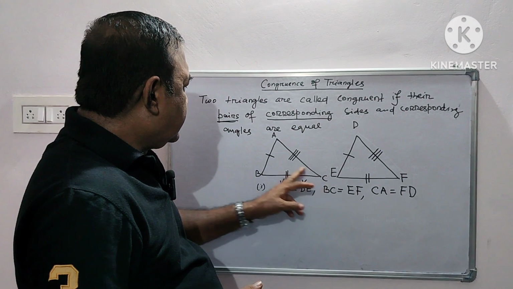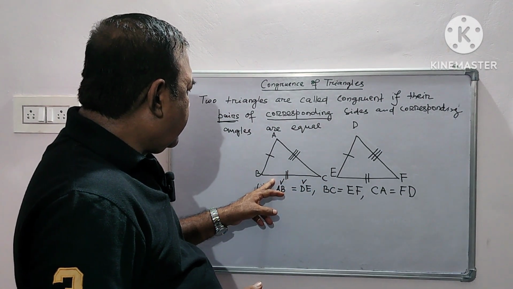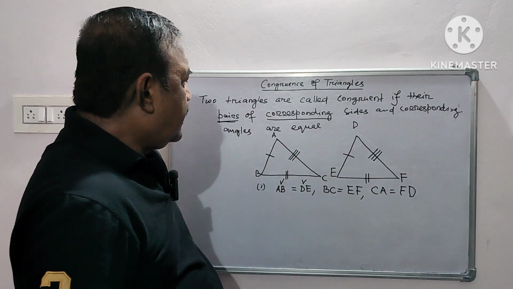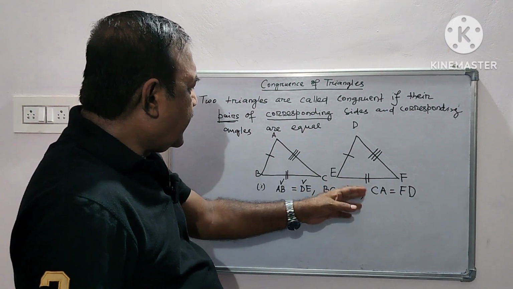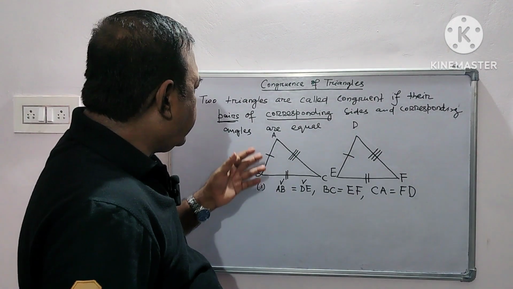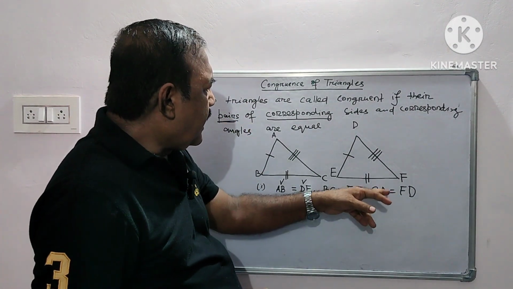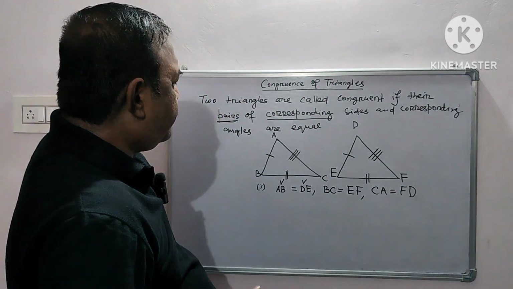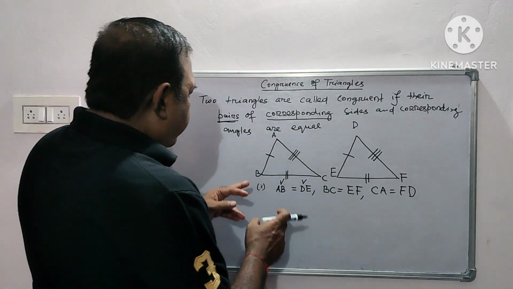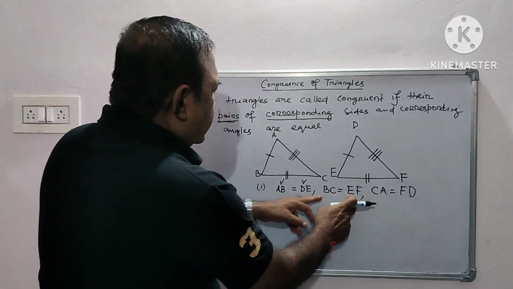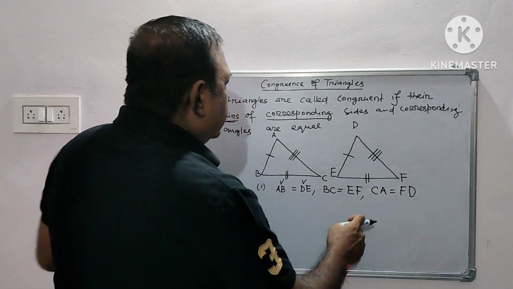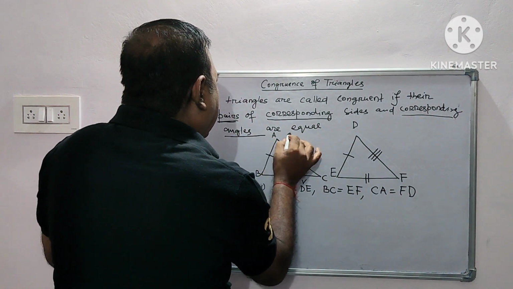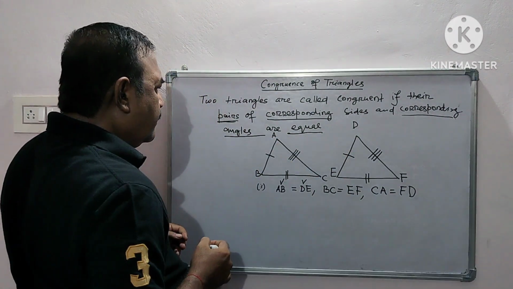BC is the side of triangle ABC and EF is the side of triangle DEF. Like that, CA is the side of triangle ABC and FD is the side of triangle DEF. So pairs of corresponding sides are equal. Then corresponding angles are equal.